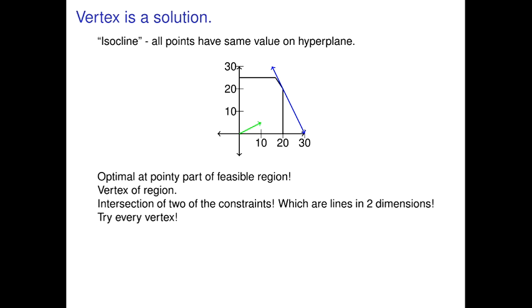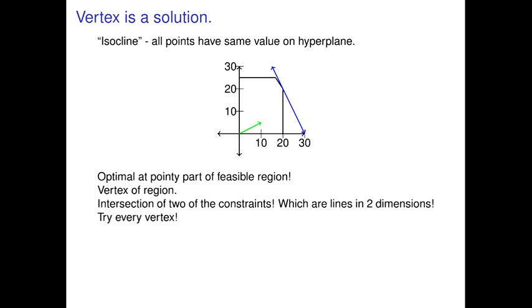Okay, so now it's good. Now we actually have a finite procedure for determining the optimum. We just look at all the vertices. And how do we enumerate all the vertices? Well, we defined a vertex as the intersection of 2 lines. So how many possible intersections of 2 lines can there be?